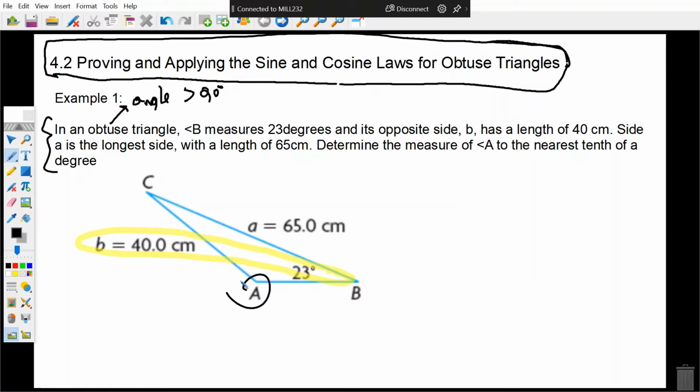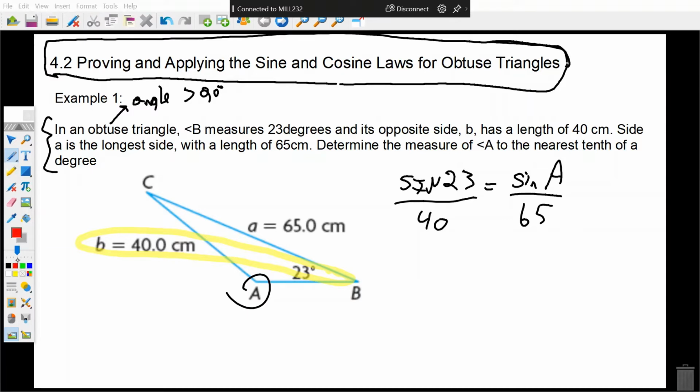So we write down our equation. Sine of 23 over 40 equals sine of A over 65. So here we're going to cross multiply and divide. I'm going to do all these steps on my calculator, as you should be comfortable with them by now.